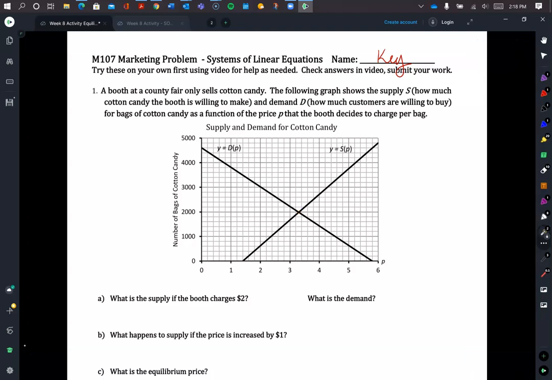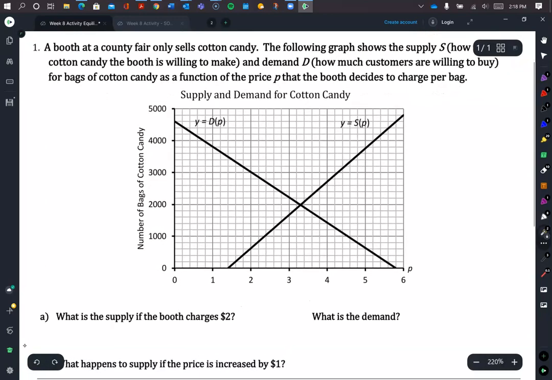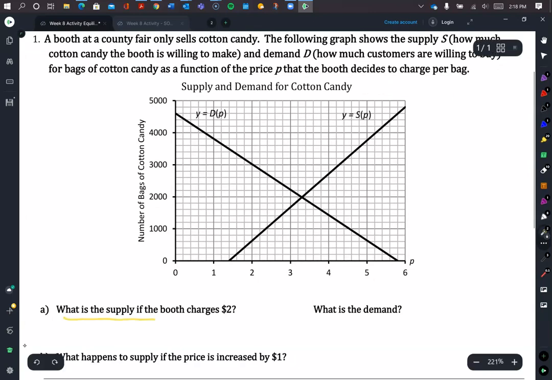So we're going to interpret this graph here. Let me get a little bit bigger. So what is the supply if the booth charges $2? Remember, our supply line is this one here that I'm highlighting with the laser. So if it charges $2, remember price is down on the x-axis, we can look up and see where it hits.